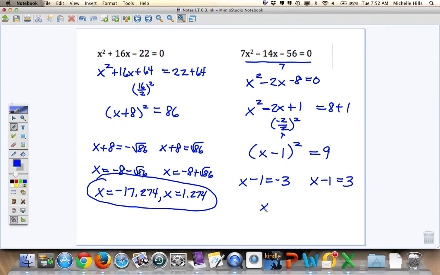So solve. X equals negative 2 is one of my zeros or roots or solutions, and x equals positive 4 is the other. And again, what that means is if I graph the equation y equals 7x squared minus 14x minus 56, it's a parabola that crosses the x-axis in these two places.